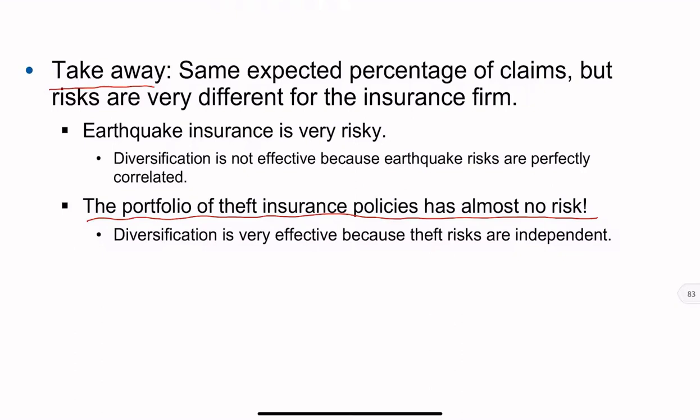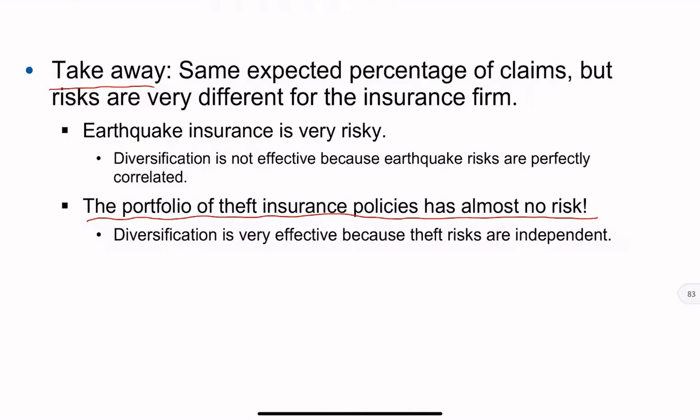Why do you get this result? Well, it's because this independence means that some people will get robbed and a lot more people won't. And you will generally get a smooth pattern that almost every year 1% of households get robbed, get theft, right?